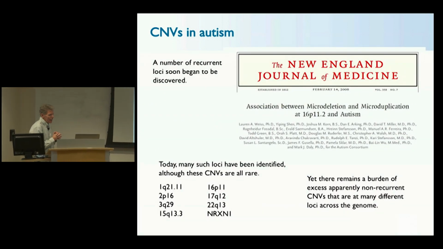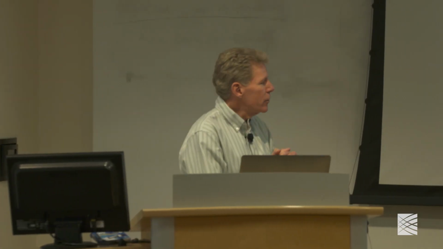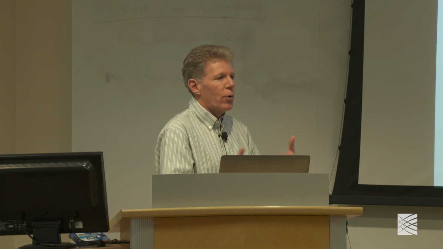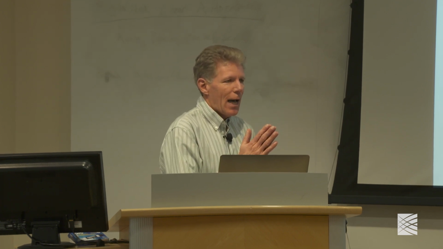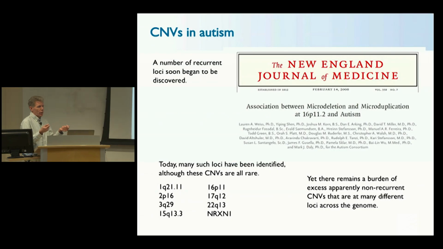And this was replicated by different labs, and there was a pattern that began to emerge that there were some loci in the genome where there were these recurrent deletions and duplications. So it's not that the deletion and duplication is necessarily inherited, but there are certain parts of the genome where these deletions or duplications would just seem to happen over and over as new mutations with somewhat different breakpoints in many cases, but they would happen at these same loci, and that was a risk factor for autism.